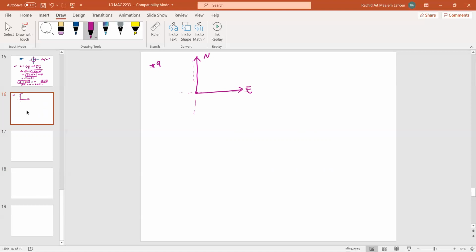The first one sails at 50 miles per hour. It's not specified here whether it's nautical miles or something else, it just says 50 miles per hour, where the east one is doing this.